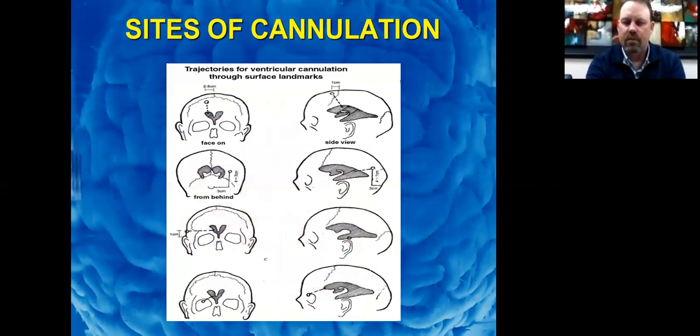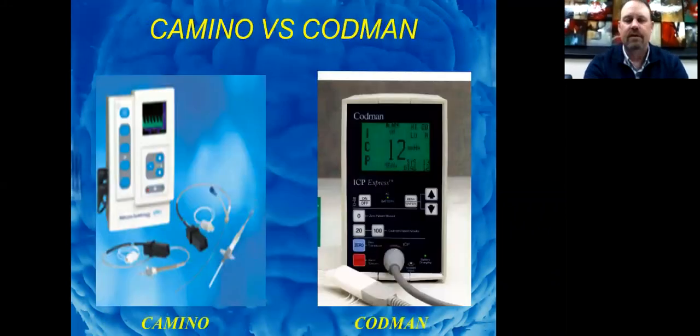The most common trajectory that I see is the burr hole from the occipital area in the back going through. That is the typical one that I see. Occasionally it'll be in the frontal aspect. Codman and Camino are the most common systems.